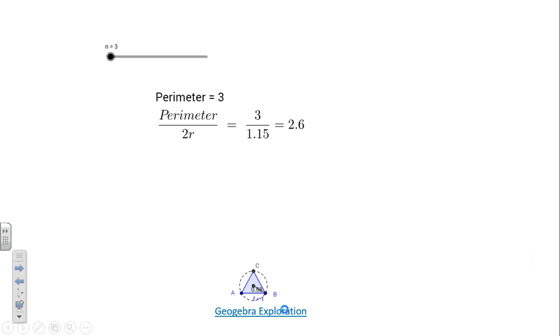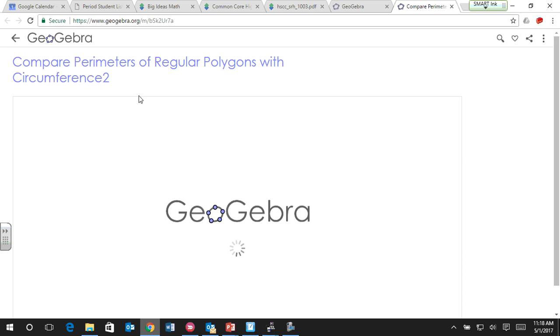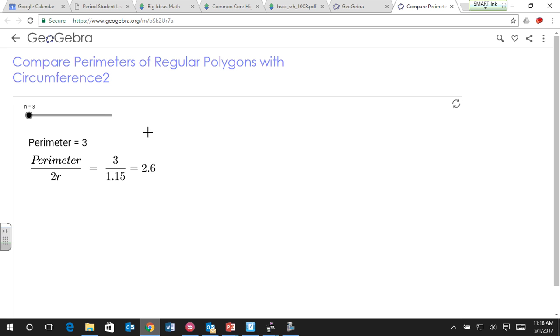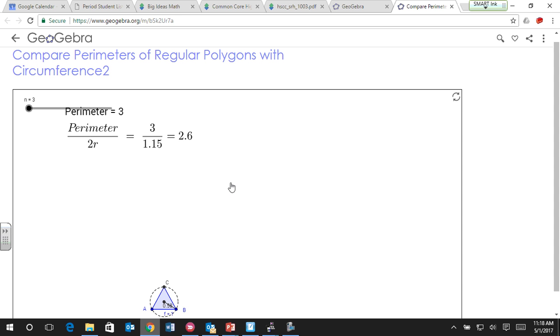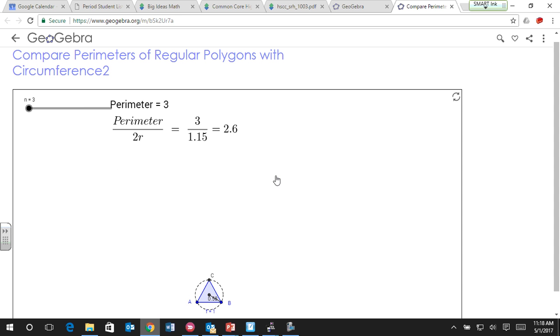Here's another GeoGebra exploration. I actually made this one last night. Just comparing the perimeter of regular polygons to the circumference. And I have a little triangle down here. Everyone see my little triangle? It's itty bitty teeny tiny. Okay? It has a length of 1 for its side.